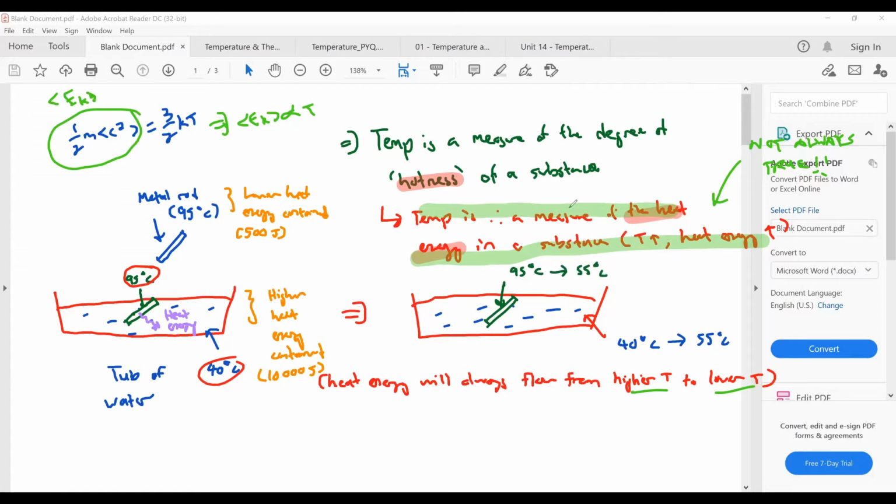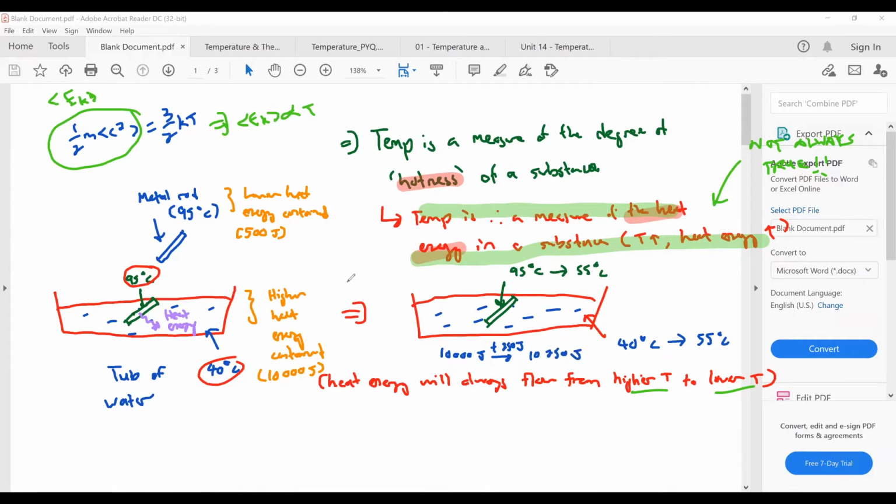Okay, so here if you look at the amount of heat energy that they contain, it could be that maybe this one originally had 10,000 joules of energy. It suddenly added maybe 250 joules, so it becomes 10,250 joules.